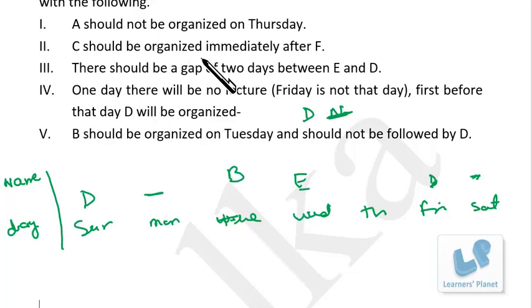C should be organized immediately after F, and A should not be organized on Thursday. So what I can do is have A over here and F and C, because we have to have F and C continuously. So B, E, F, C. This is how all the 6 lectures can be arranged.